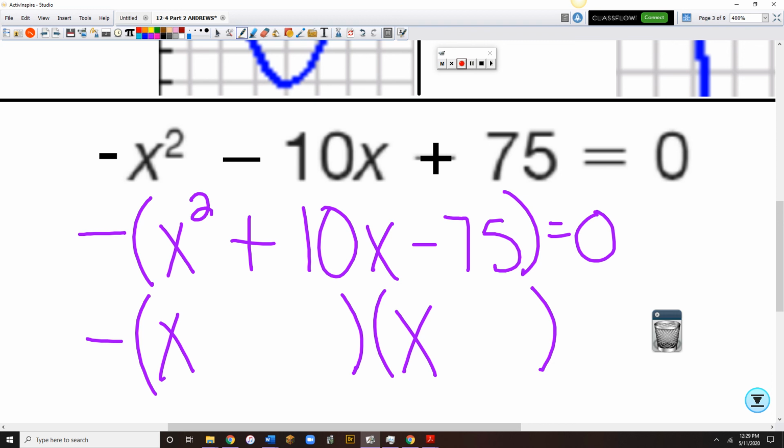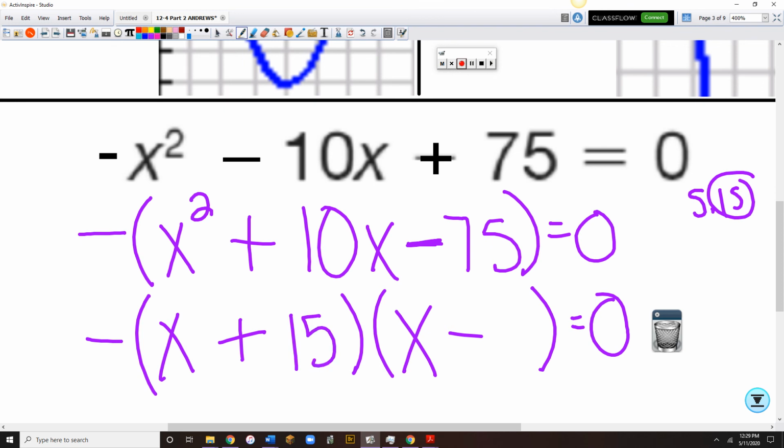Okay, I need, let's see, a minus sign is indicating that my signs are different. I need two numbers that multiply to 75 and subtract to 10. So that would be 5 and 15. The 15 being the larger number will go to the plus, and the 5 will go to the minus.